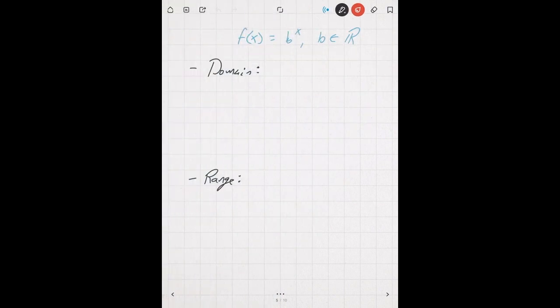Now, continuing to look at this parent function of the exponential function, let's talk about its domain and its range. Remember, the domain is the set of all x values in the relation.